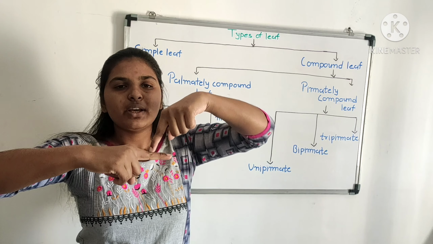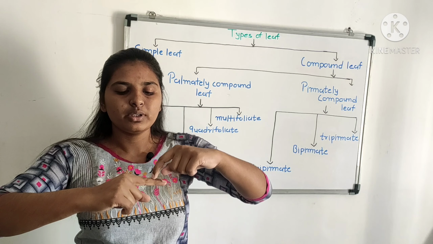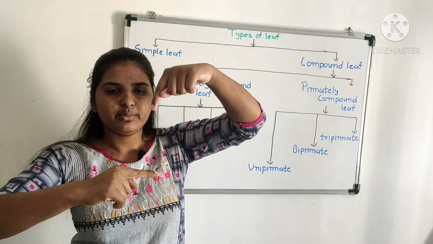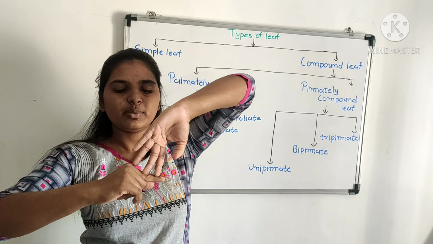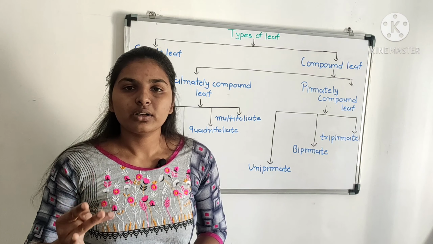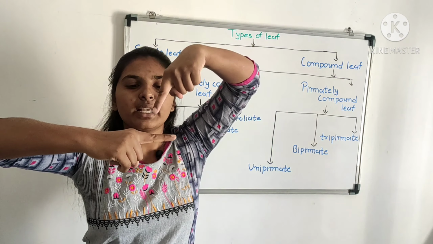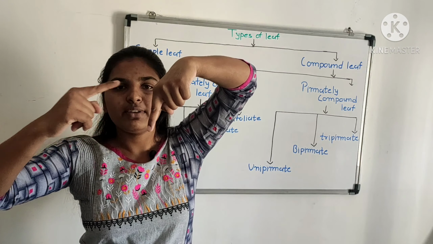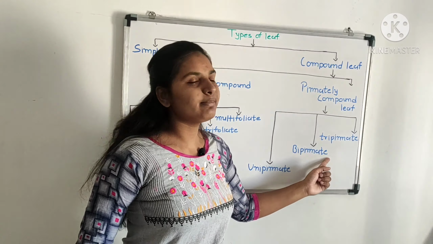This first midrib has a branch, and that branch has another midrib. This is the secondary midrib. That secondary midrib has its own separate leaflets. This is the first midrib, this is the second midrib, and on the second midrib we have leaflets. That type of leaf we know as a bipinnate leaf.